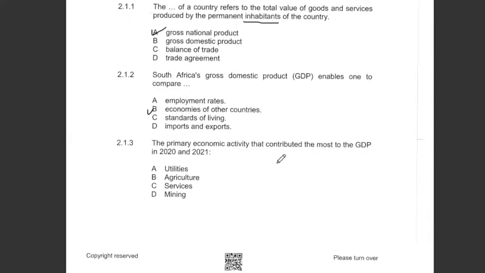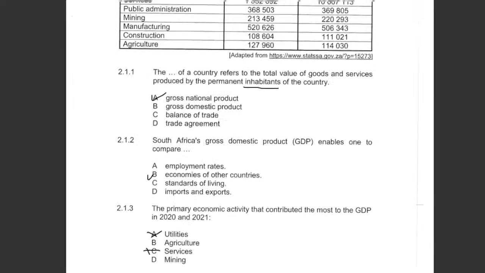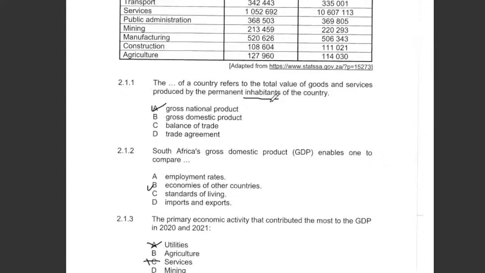The primary activity that contributes most to the GDP, according to the diagram, which one contributes most? They are saying primary activity. Is this primary? No, that is not. Agriculture is primary. Service primary? Not. So there are two primaries that we have here, agriculture and mining. Agriculture here is 127,114.